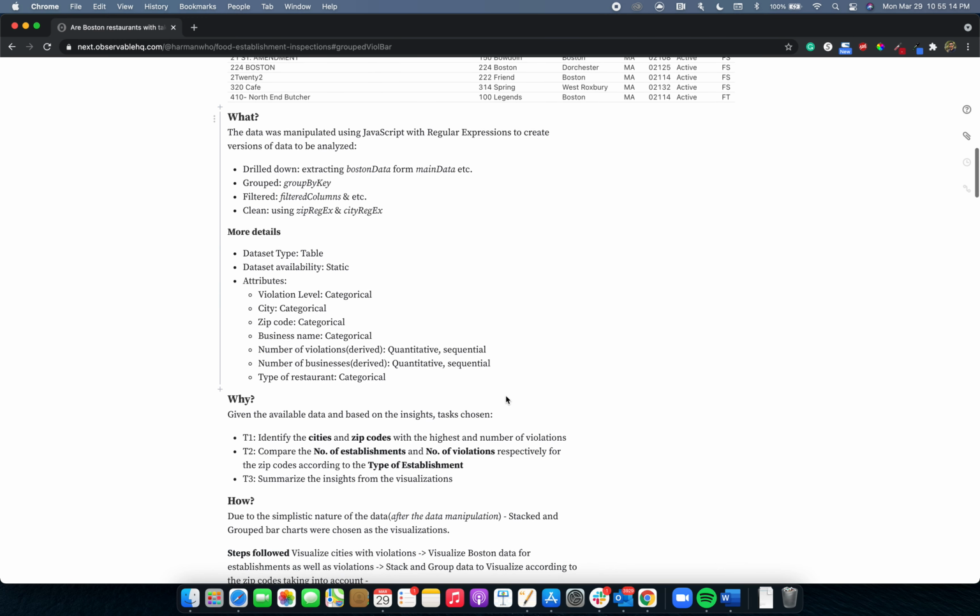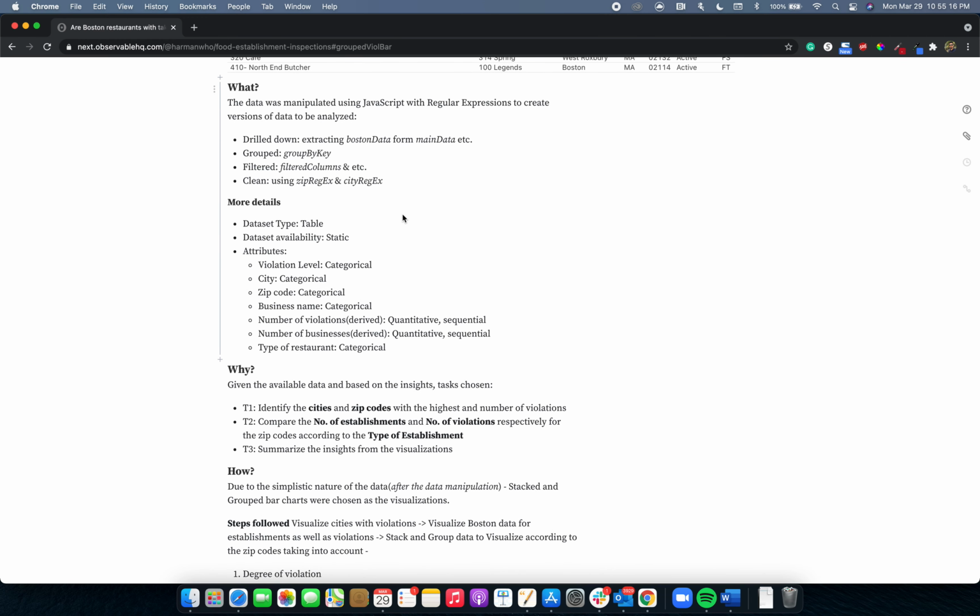The data set type is table, data set availability is static, and the attributes that I've used are mostly categorical, except for two of them, number of violations and number of businesses, which are quantitative and sequential, and these are derived.